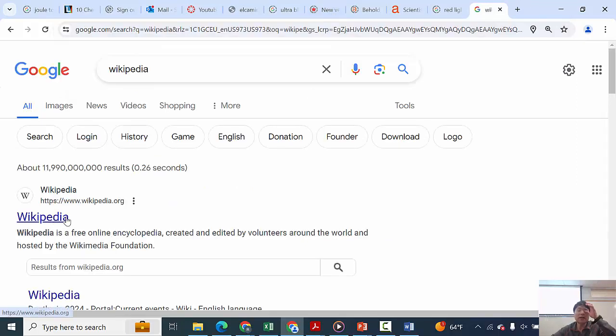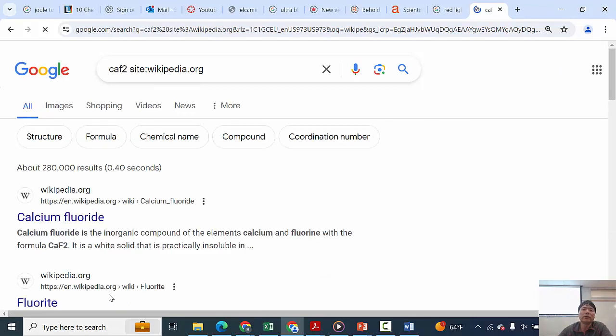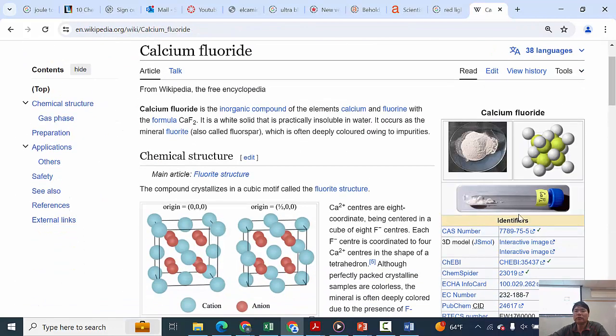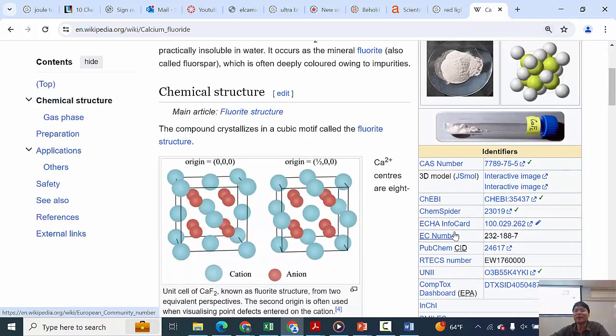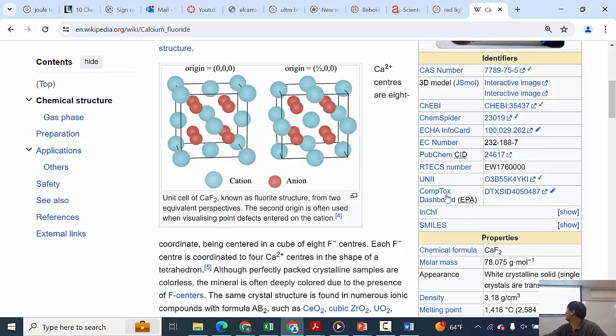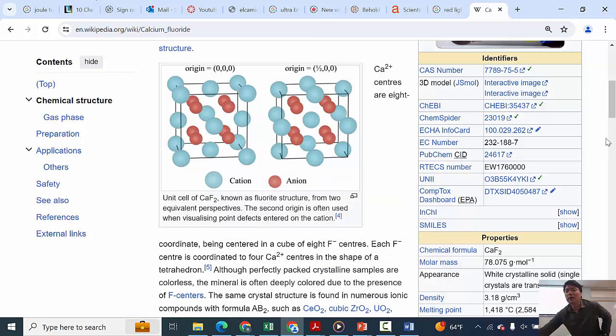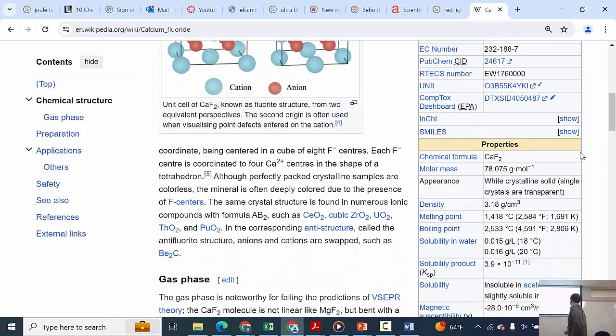So let's see, a question that might be calcium fluoride. Is calcium fluoride soluble or insoluble? Let's take a look at calcium fluoride here. What's pretty reliable is this, because there's very little political opinion that can get included in data like this. It doesn't matter what your beliefs are; this is just the data, and the data should be factual evidence.